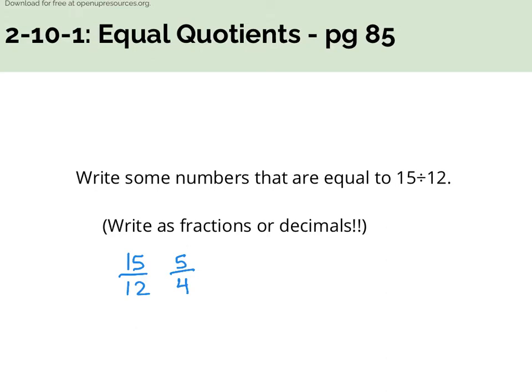I can also multiply both of these by 2, top and bottom, and make it 10 over 8. I also can take the 5 over 4 and multiply it by 10 and get 50 over 40. I could actually divide all of these out and get 1.25. So we have fractions and decimals of 15 divided by 12. Because we're going to be dealing with fractions today, that's why it's getting our brains up and going.